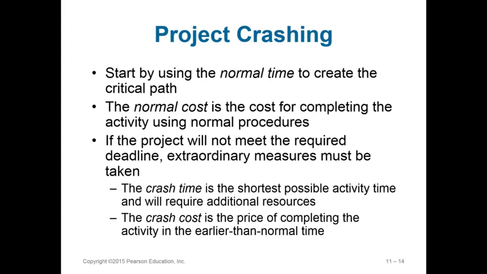Therefore, to do that, you would use that critical path and see where along the critical path you might collapse the timeline. And by collapsing that timeline, you may find that a different path now becomes a critical path.